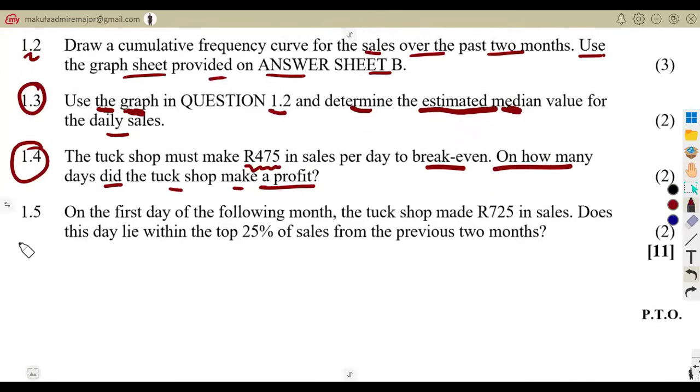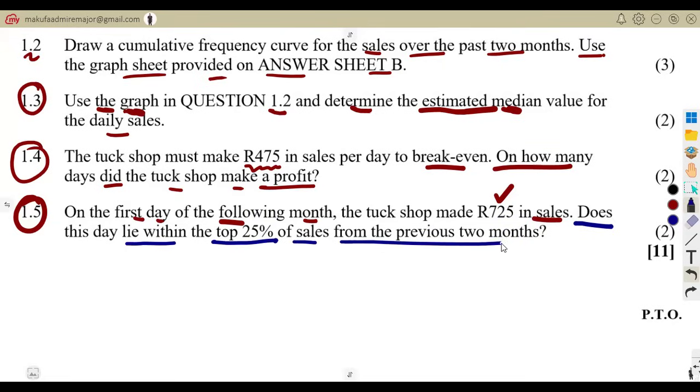Then also, on the first day of the following month, the tuck shop made 725 rand in sales. Does this day lie within the top 25% of sales from the previous 2 months?